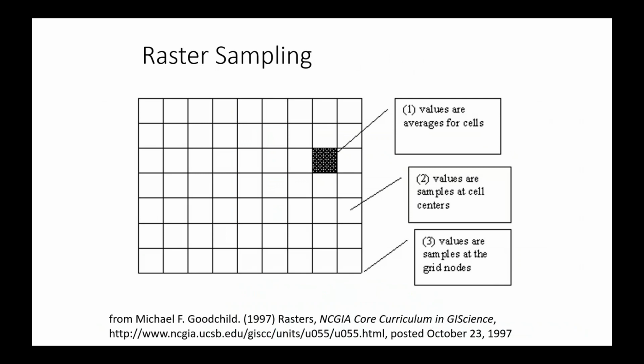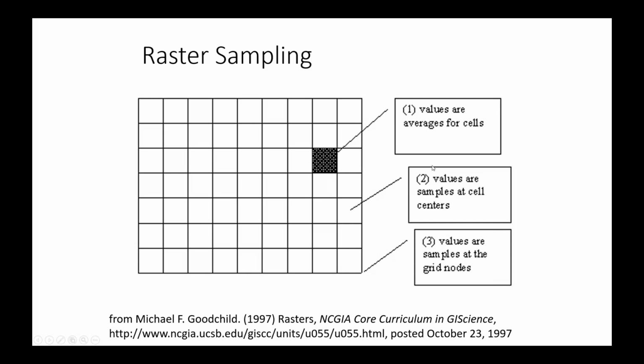When working with raster data, it's also important to think: what do the values at the grid cells actually mean? This slide from the National Center for Geographic Information and Analysis core curriculum on GIS science points out that a grid value may represent the average over the spatial footprint or the spatial scale of a grid cell.